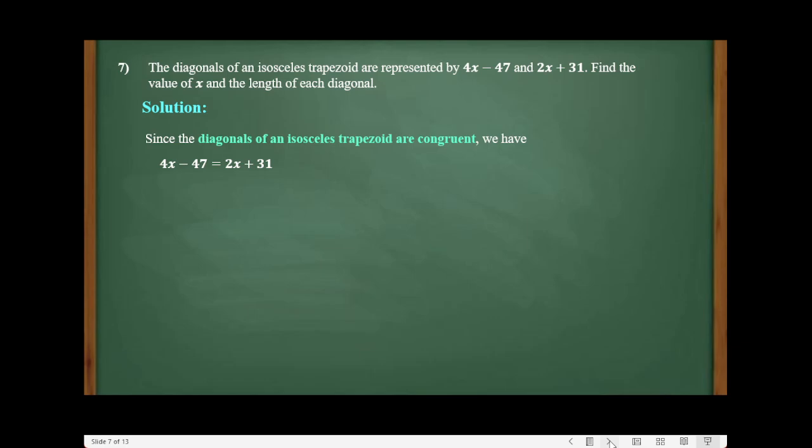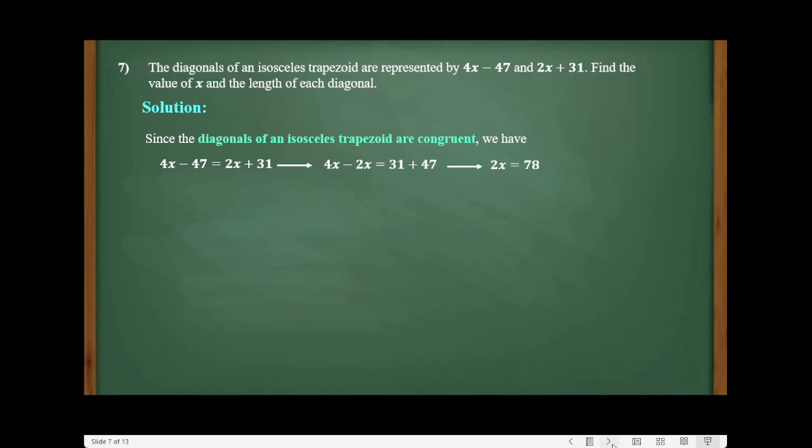So we just formed a linear equation in one variable x. Solving for x from this equation, we do some transposition of terms, isolating the terms with x to the left and constant terms to the right, and we combine similar terms at the same time.